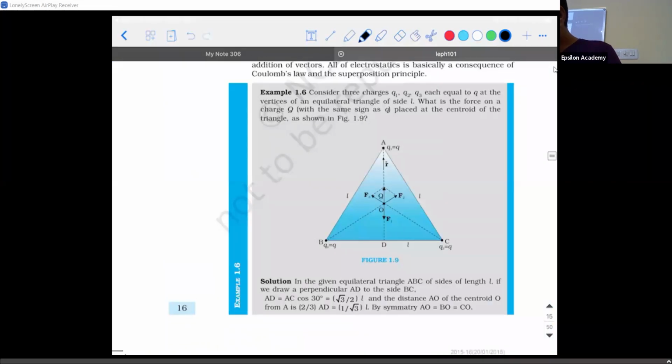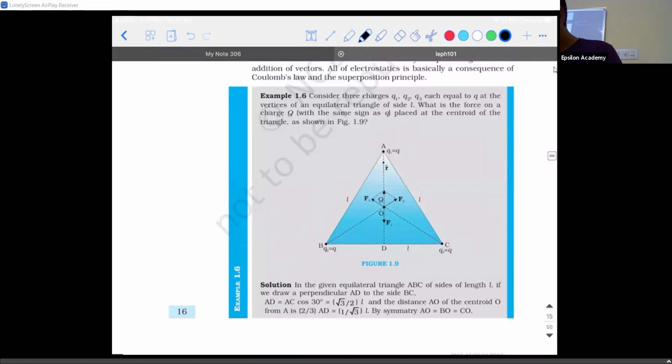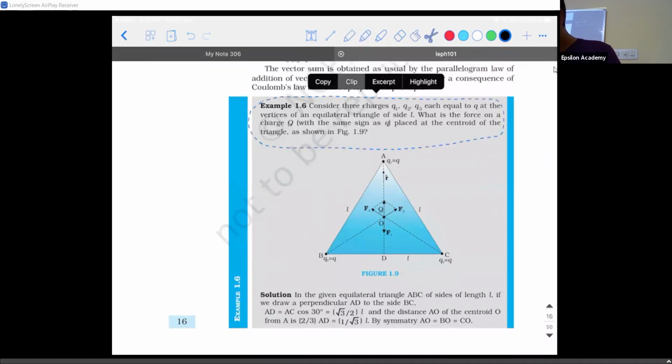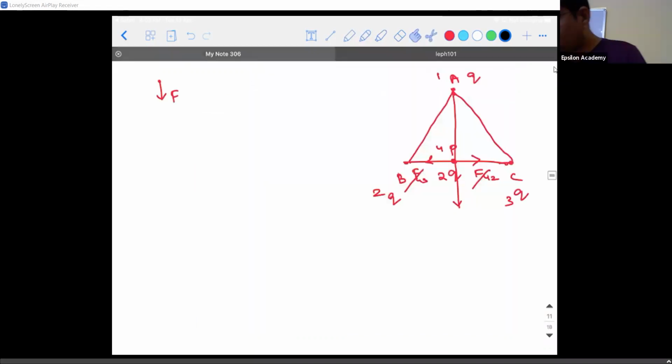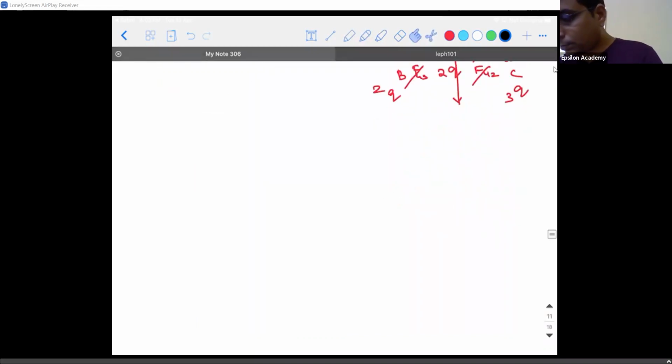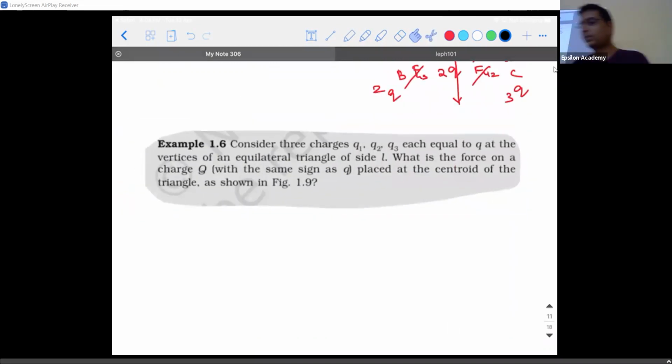Now let's try to solve this problem. Consider three charges Q1, Q2 and Q3, each equal to Q, at the vertices of an equilateral triangle of side L. What is the force on the charge capital Q, with the same sign as Q, placed at the centroid of the triangle?